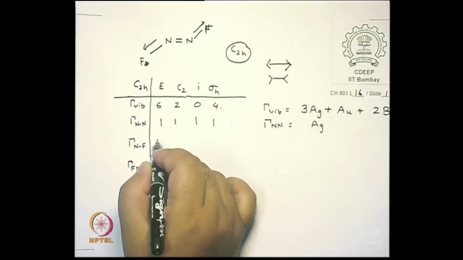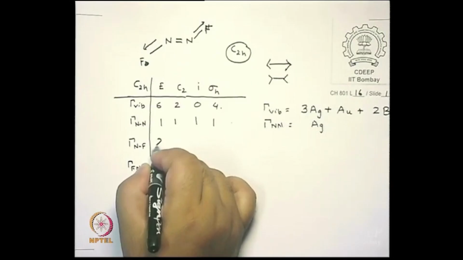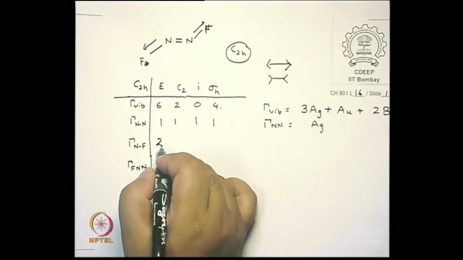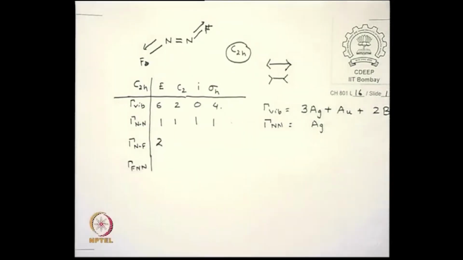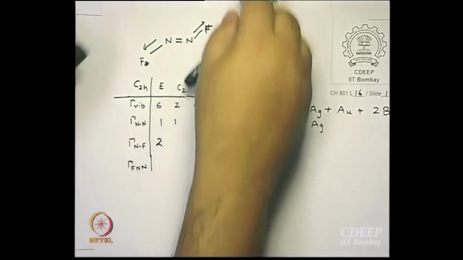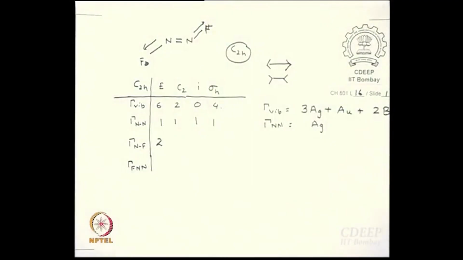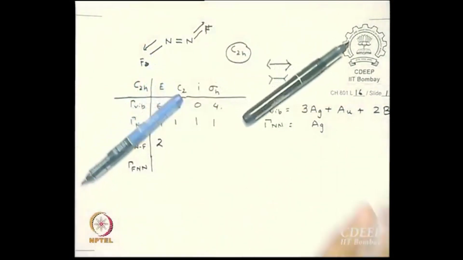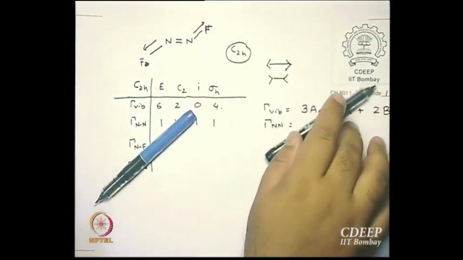So character should be 2. Alright? C2? What will be the character of C2? Why? Because these are the 2 arrows. This is one, this is one.